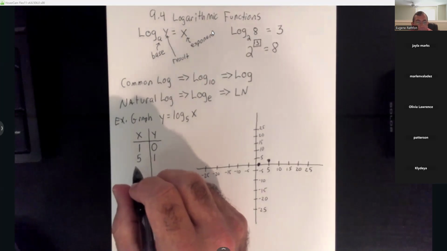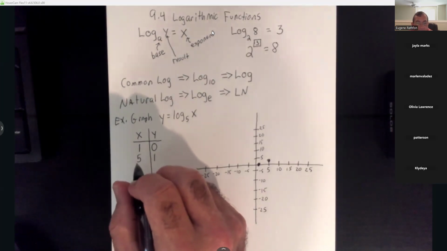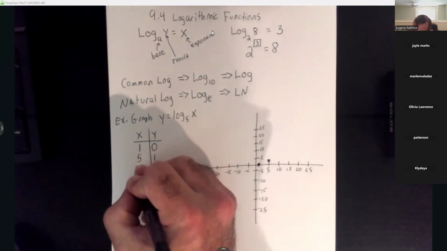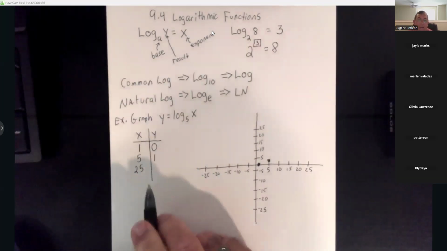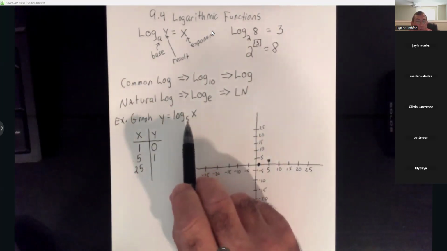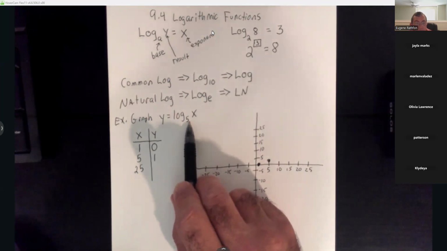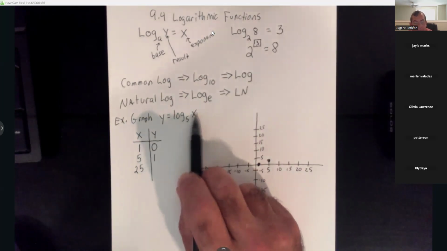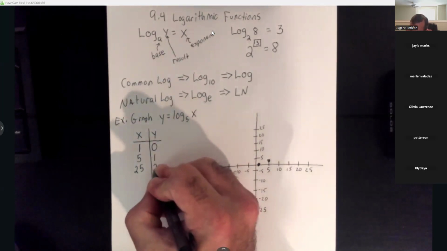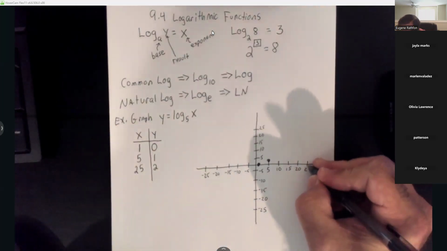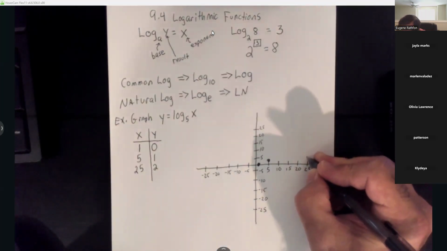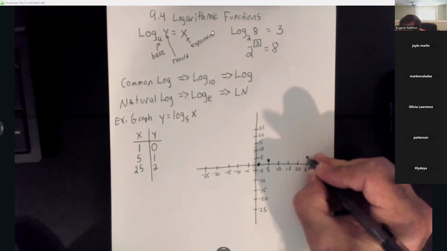Next, I'm going to pick another multiple of 5. I'm going to do 25. What exponent would I raise 5 to equal 25? Well, y'all, that would be a 2. So way out here at 25, I'm up to about a 2.